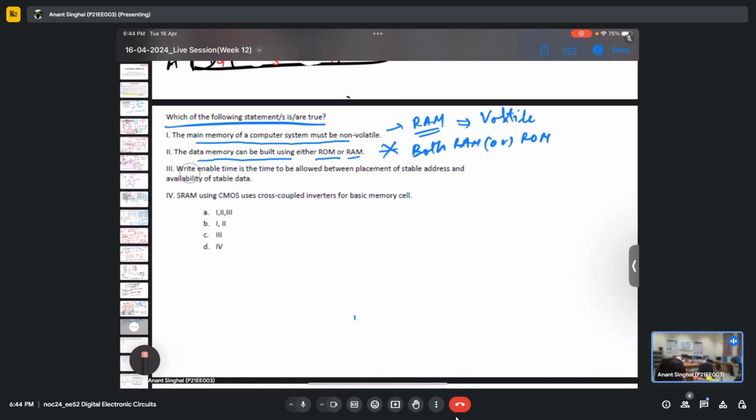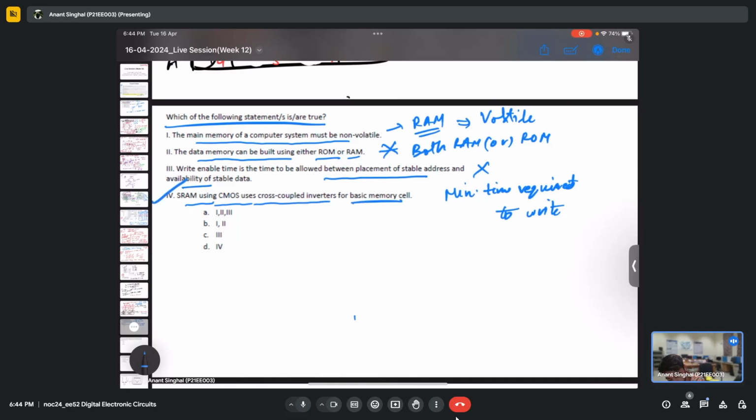Again, the third option is write enable time is a time to be allowed between placement and available. So it is again wrong. Write enable time is the minimum time required to write any bit. So it is not the time between the placement. The last option is SRAM using CMOS using cross coupled inverters for basic.